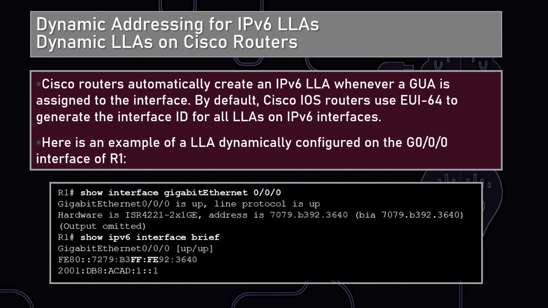That's going to go from a 0 to a 2 because we're changing the 3rd bit in that hextet. The 3rd bit in a 4-bit number is the representation of 2 to the 1st, or 2. So that becomes 72. Let's check down here: 7279 B3, that's the first half, then FFFE, we see that insertion, 92, and then 3640. So this is the proper EUI method with the FE80 prefix.